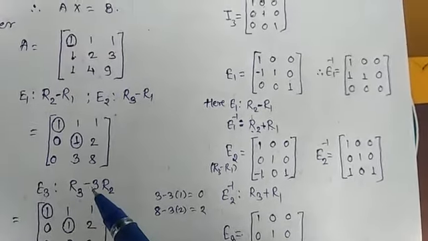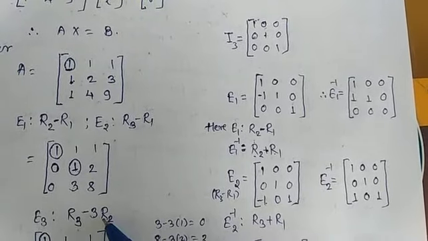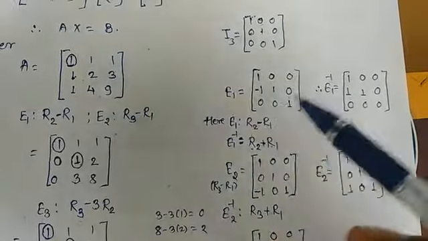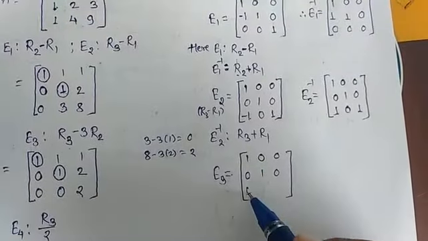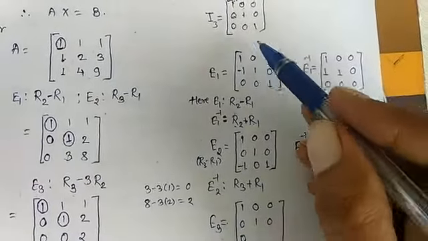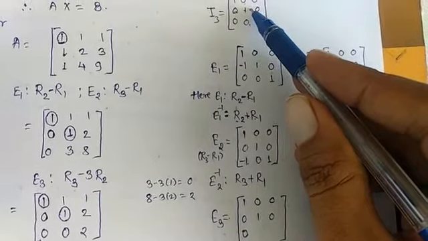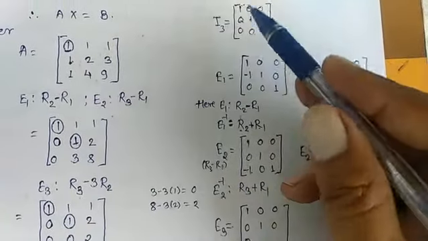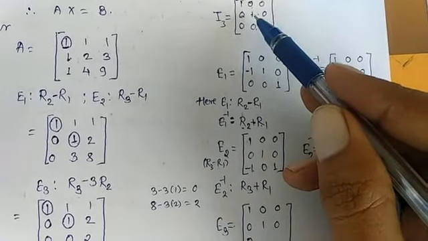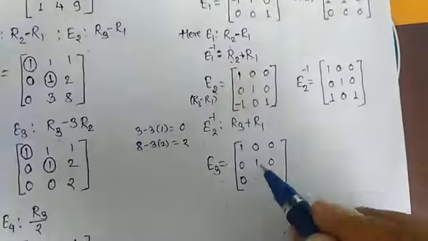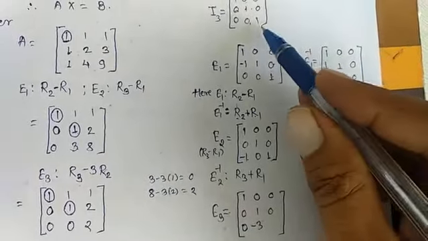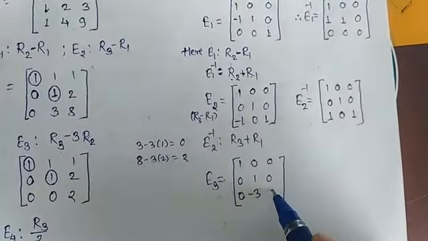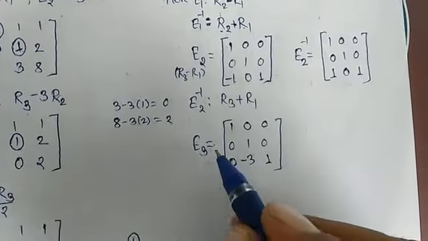With R3 minus 3R2, the first position is 0 minus 0, which is 0. Next it is 0 minus 3, because R2 has 1 and 3 into 1 is 3, so 0 minus 3 will be minus 3, and the last is 1 minus 0, which is 1. This is our E3.